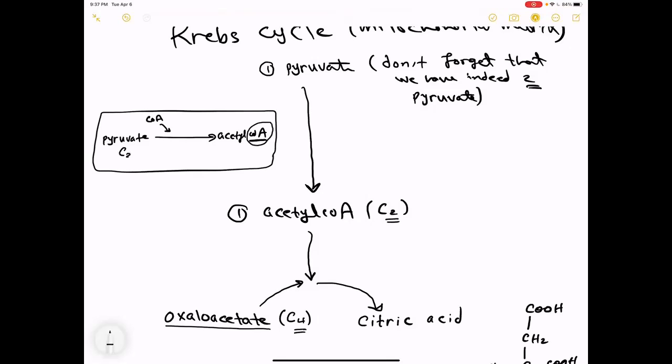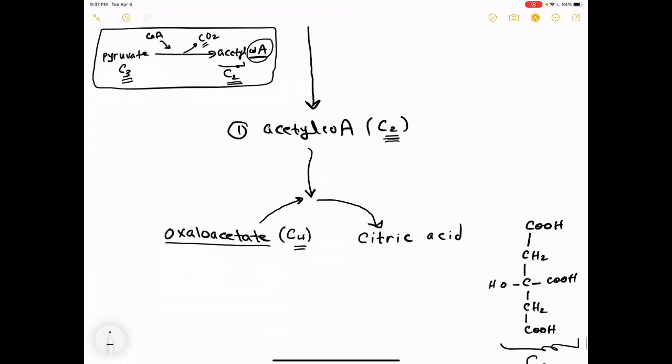Isn't pyruvate a C3? But did you not lose a C in the CO2? So that's a C2 then. So one more time, pyruvate is a C3, but the C3 did lose a C in the CO2. Then that's a C2. That's how I figured it out. So C2 must be combining with the C4 if I really ended up with a C6. And I did.